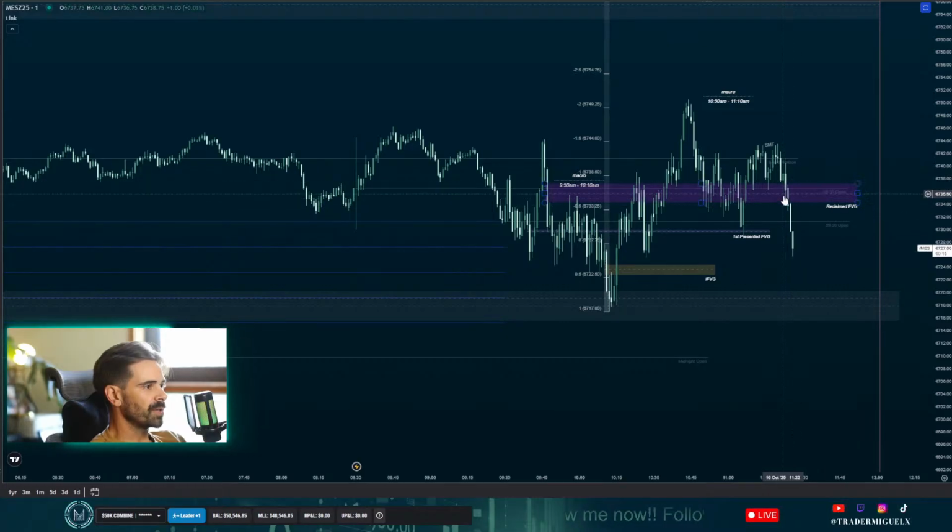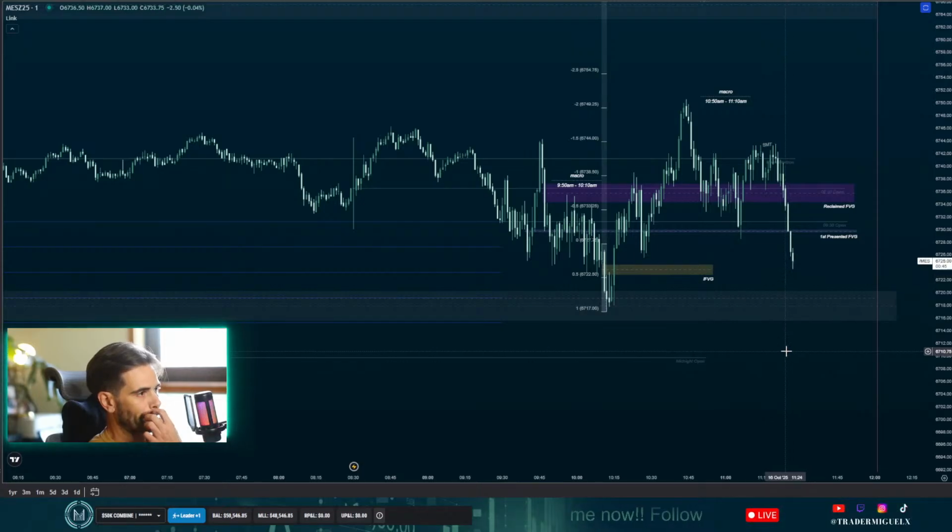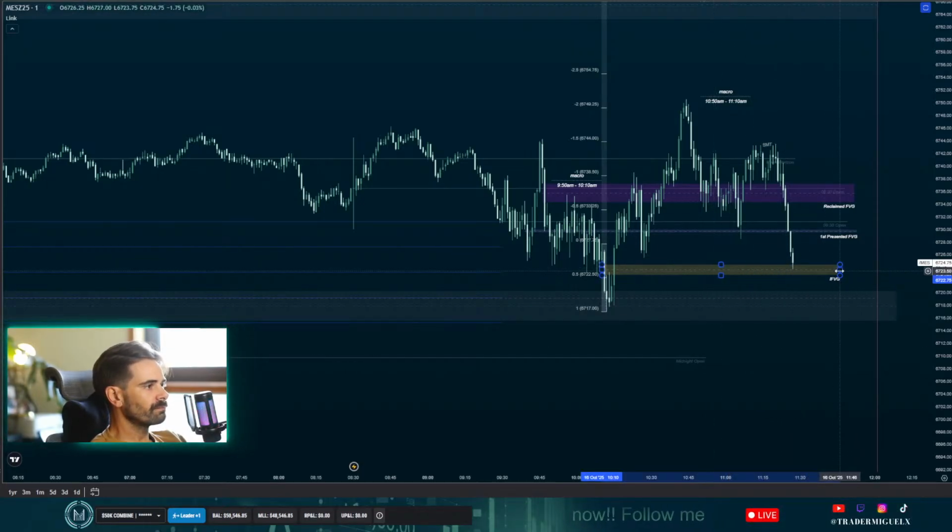But there you go. You have a straight move to the downside. There's no retracement here. So will you be aggressive, or will you wait for some type of retrace, right? See, price coming back inside the range without giving you any type of retrace. So now heading towards the inverted fair value gap that was used as an inversion here.